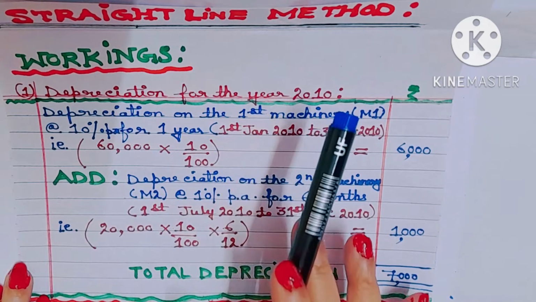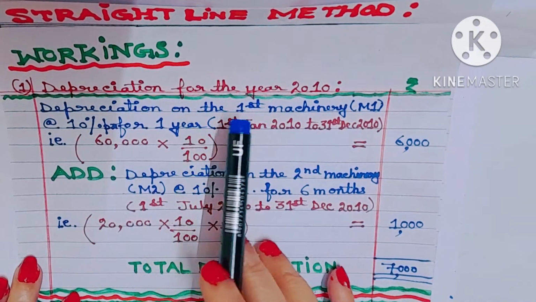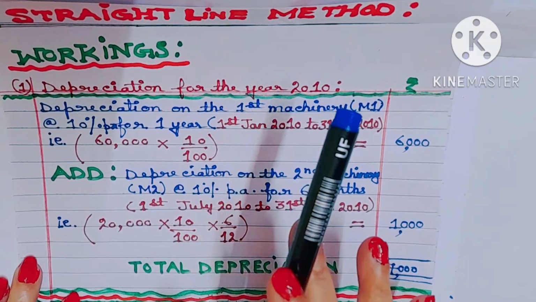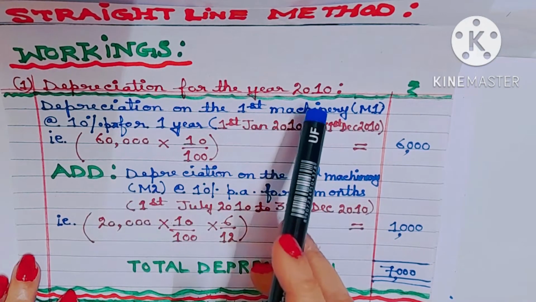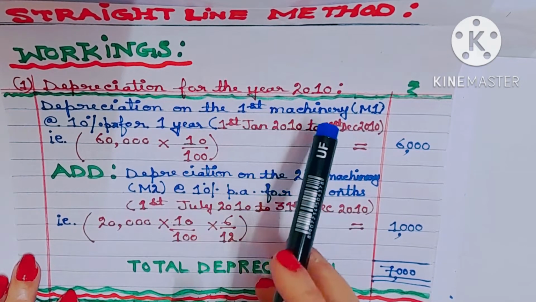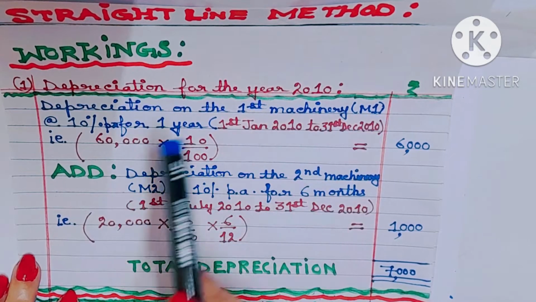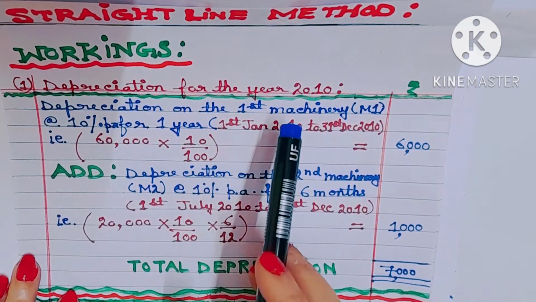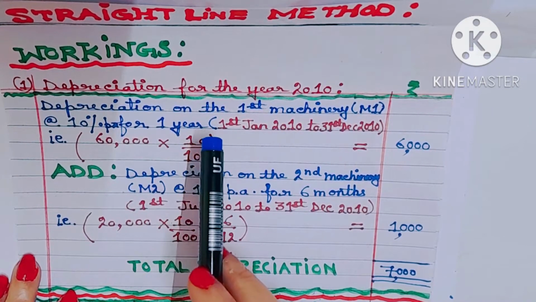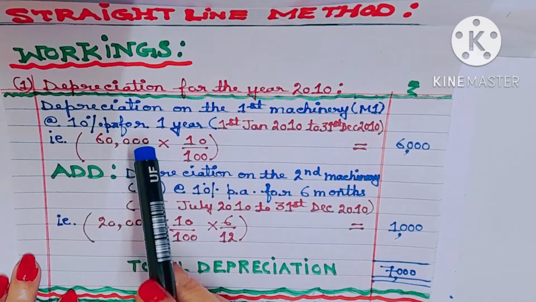দুটো machinery কেনা হয়েছে। In the year 2010, 2 machineries were purchased for business. The first machinery was purchased on 1st January 2010 and the second machinery was purchased on 1st July 2010.